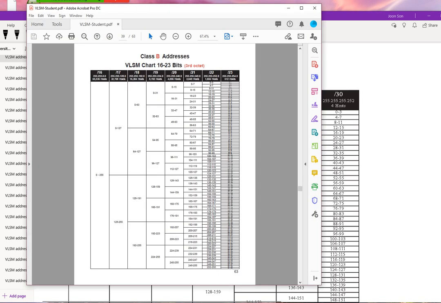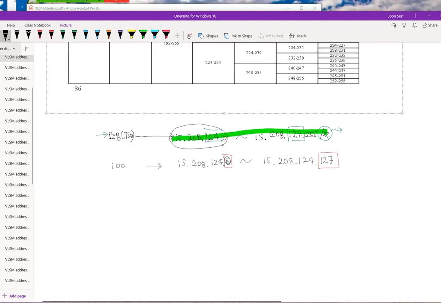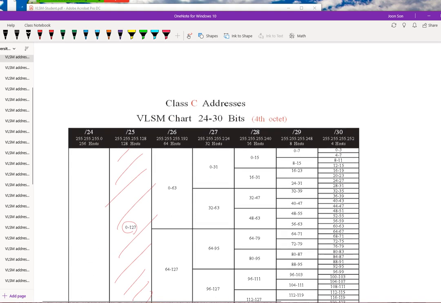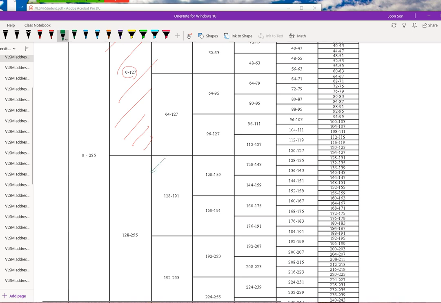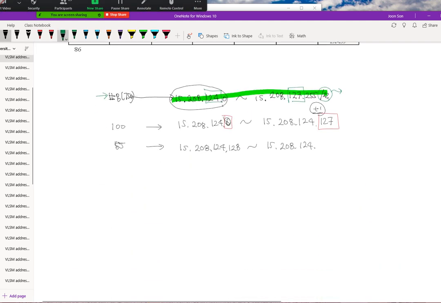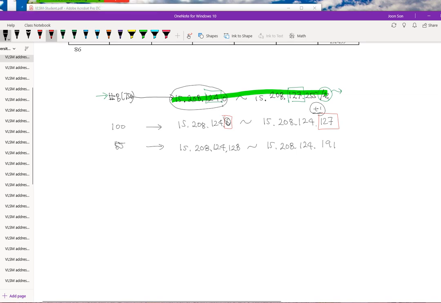So if you just add 1 to 127, you get 15.208.124.128, and then this one goes through 15.208.124.191, so 128 through 191, manipulating the 4th octet.